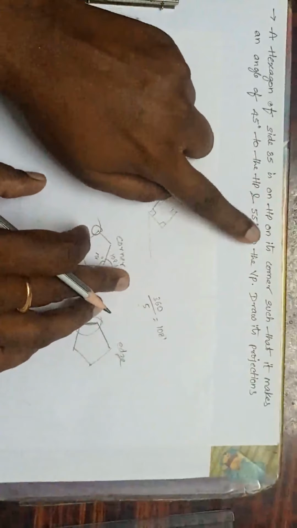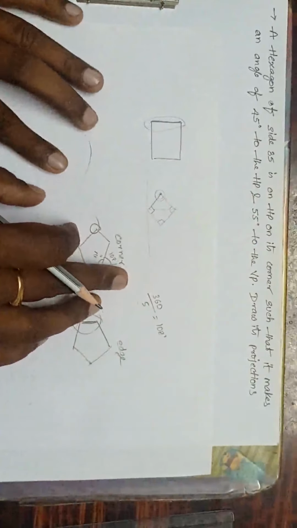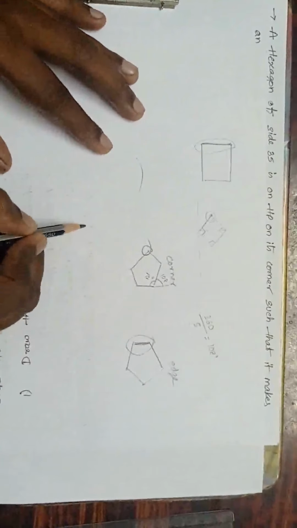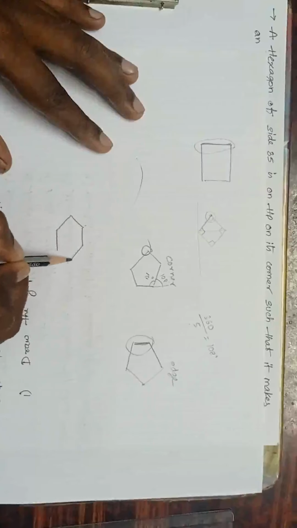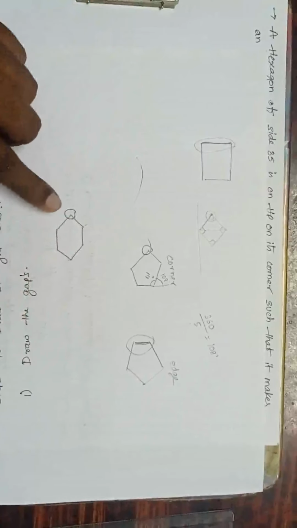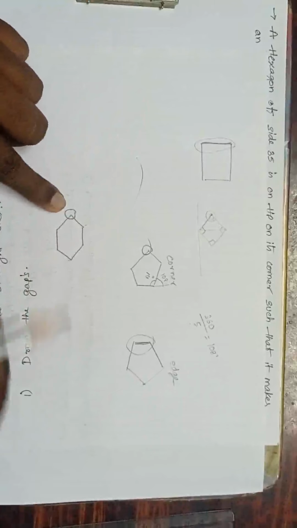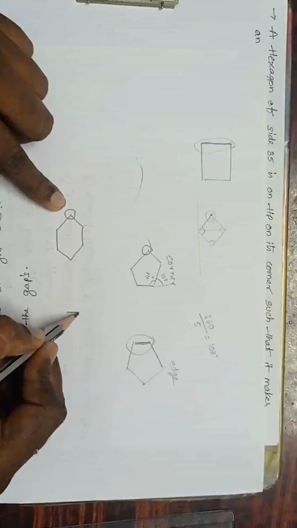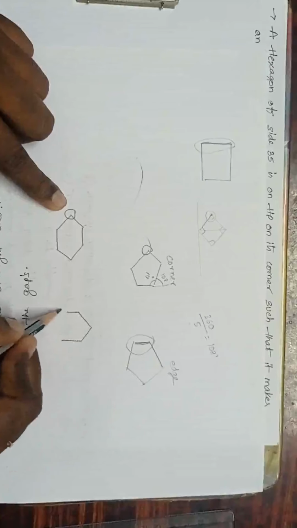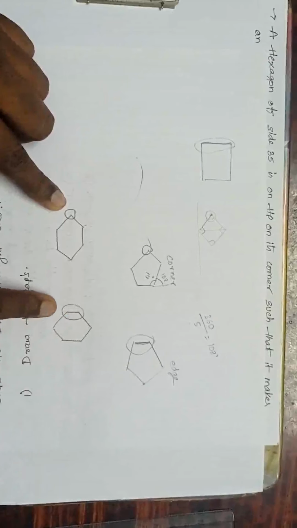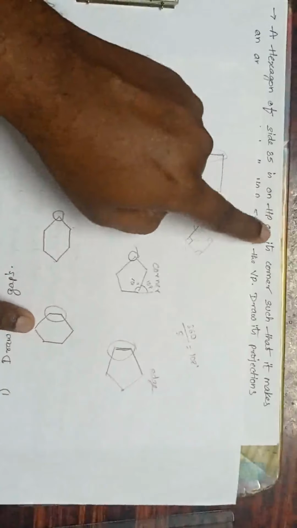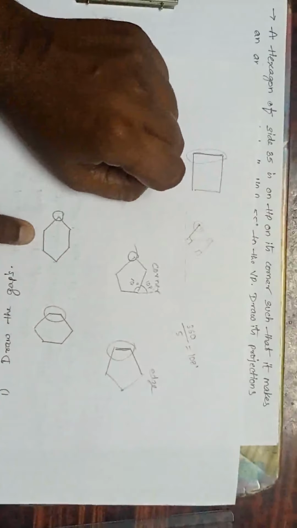He said it is on the HP. On its corner means I have to draw like this, so that on the left side I get the corner. If he is asking for the edge, I have to draw like this, so that on my left side I get the side. So this is the corner, this is the edge. He's asking for the corner, so I have to draw the hexagon like this.